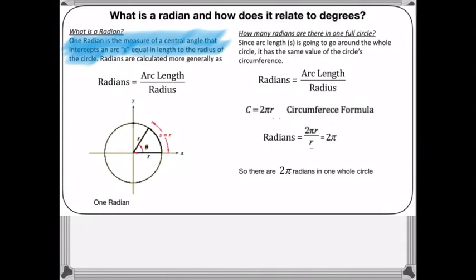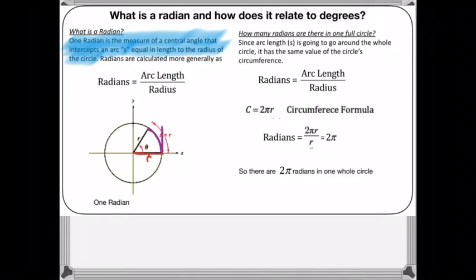Say you have a pizza again, and you slice that pizza. That pizza slice has a side R, the radius of your pizza. If you take the crust of that pizza and stretch it straight out, and those two are equal in length to one another, that is 1 radian.